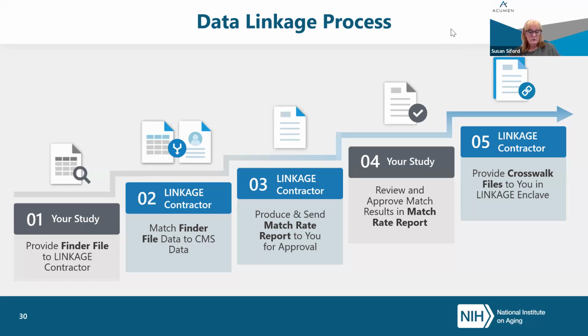The Finder file typically contains information like the full name, any type of administrative IDs, whether it be the Medicare or Medicaid identifier or the Social Security number, age, gender, address, and any other health information that may be able to help assist in narrowing down that particular participant in the beneficiary enrollment file.